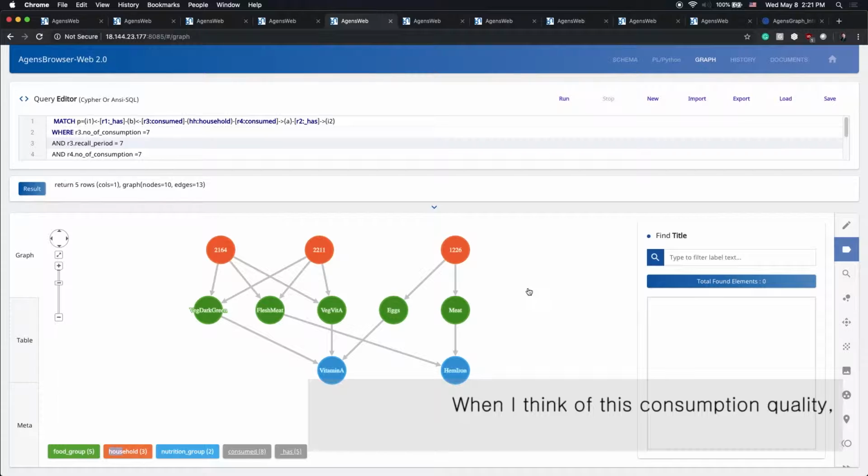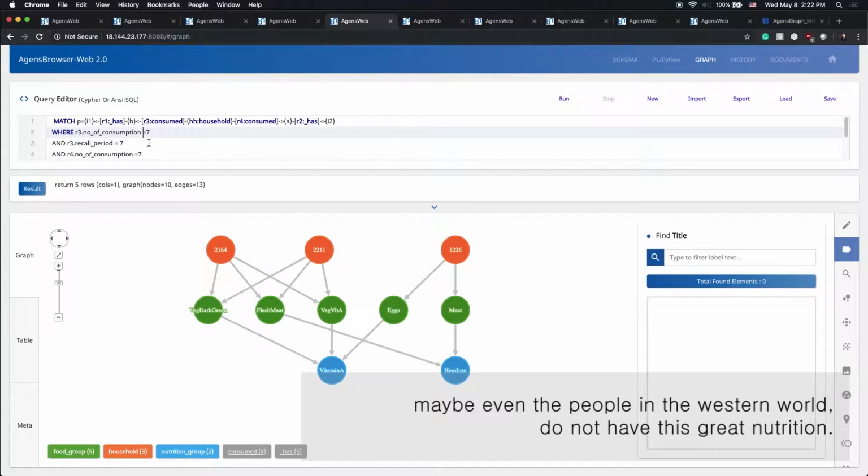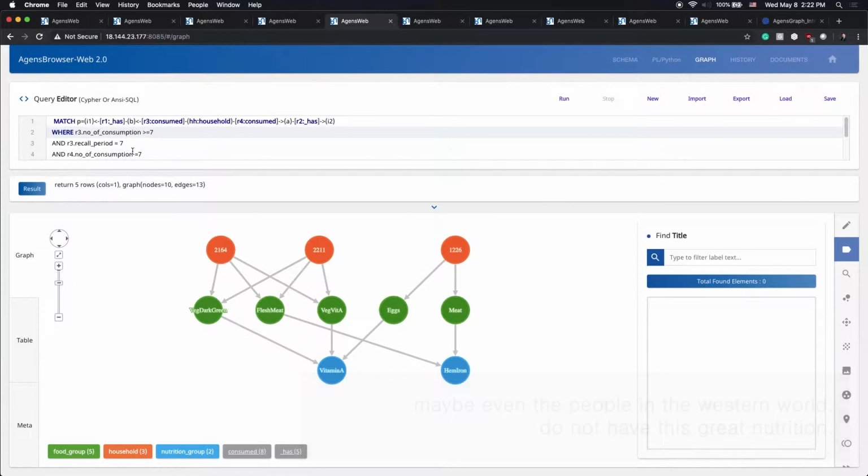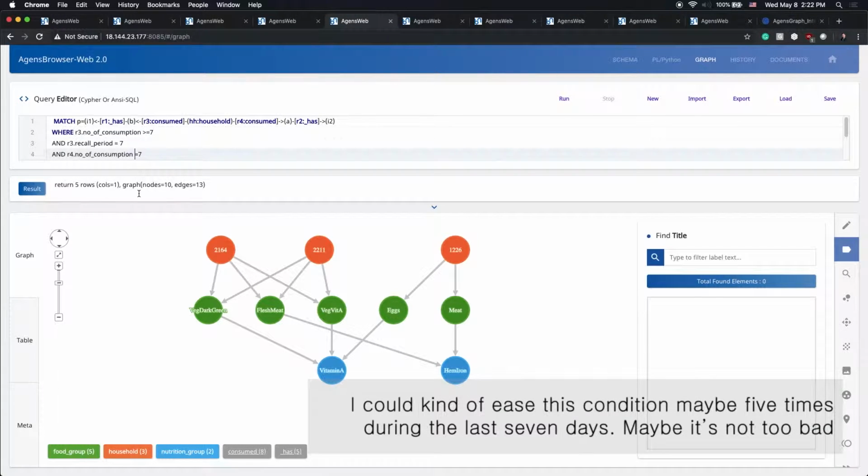But when I think of this consumption quality, maybe even people in the Western world do not have this great nutrition. So I could ease this condition to maybe 5 times during the last 7 days. Maybe it's not too bad yet, right?